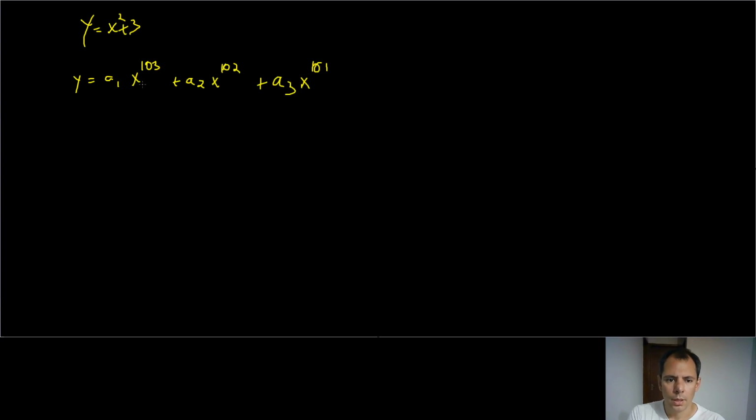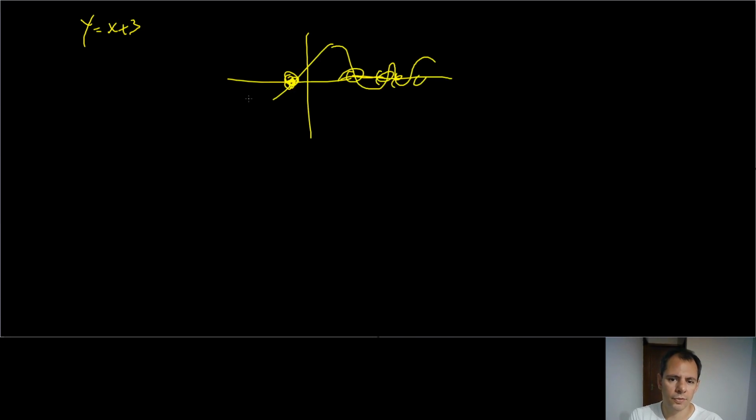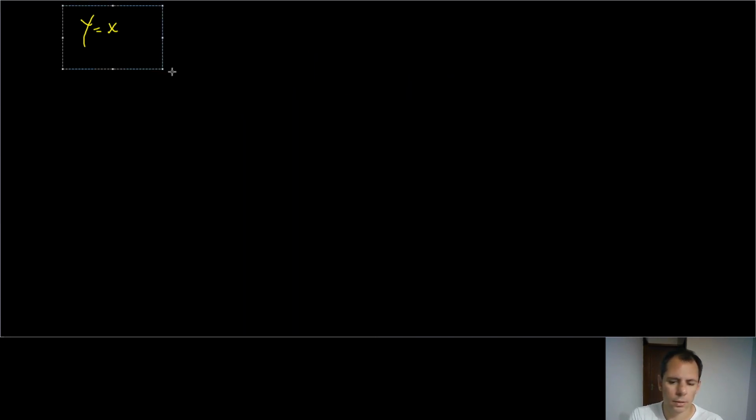So you're going to have 103 coefficients plus the independent term, 104 terms in here. That's going to be very complicated for finding the zeros. So one way that Newton invented was an approximation method, all right?